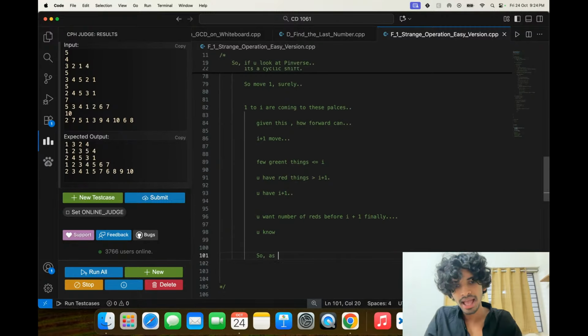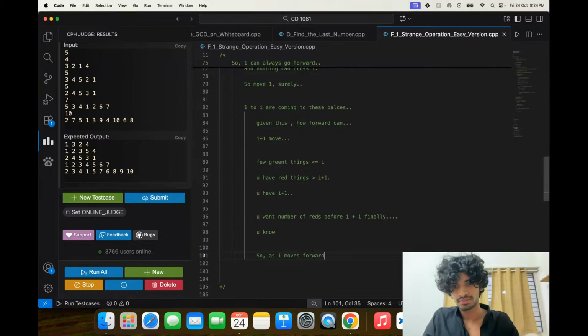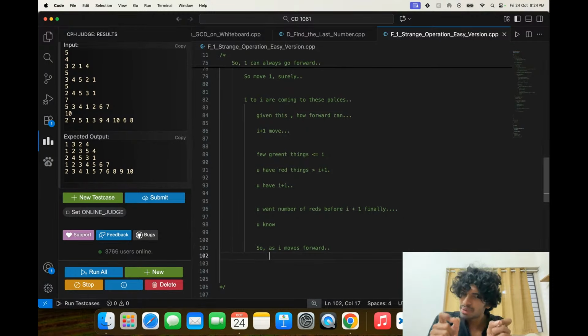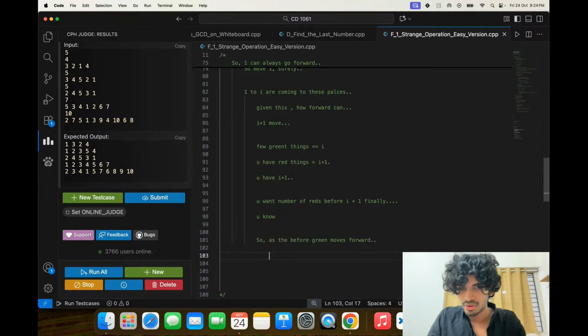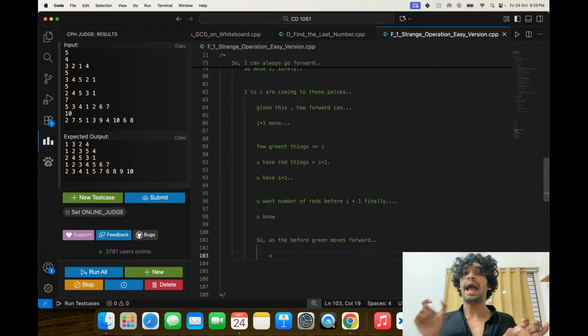So as I moves forward, as the previous green, the before green moves forward, you will keep getting reds here. So you have these many number of reds before that now. Before I plus 1, you have these many number of reds. Okay. And you know finally the number of reds that are going to be here.